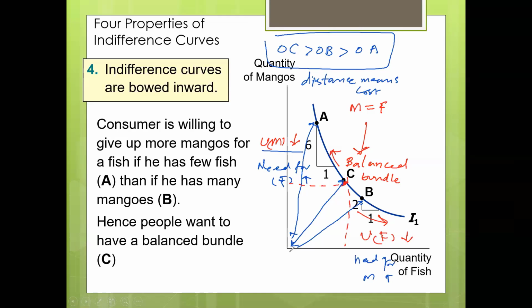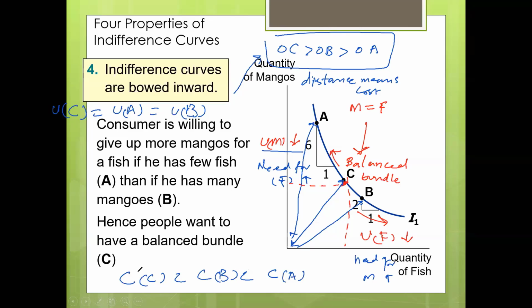So the customer, rather than trying to go to A or B, which will cost him more, even though C utility is equal to A utility is equal to B utility, the distances are not equal. It means the cost from C is smaller than the cost from B, which is smaller than the cost from A. So he tries to go to the lowest cost.